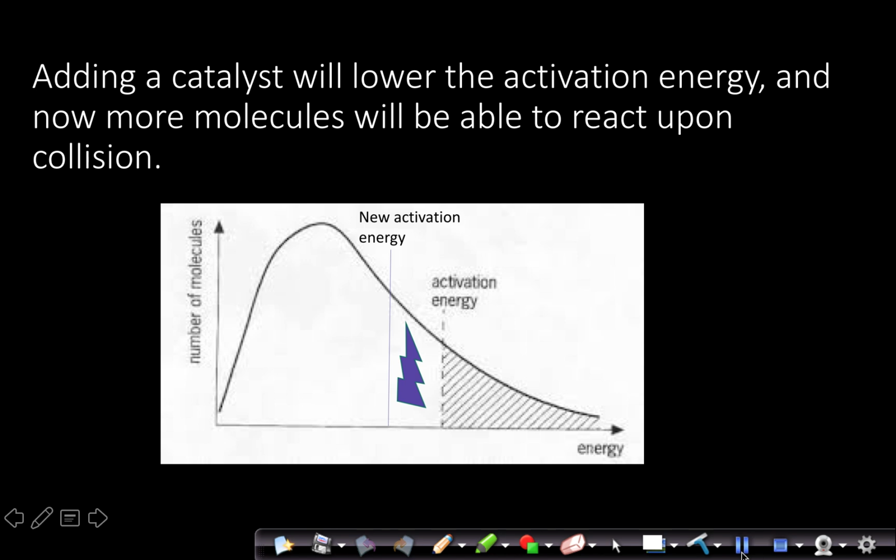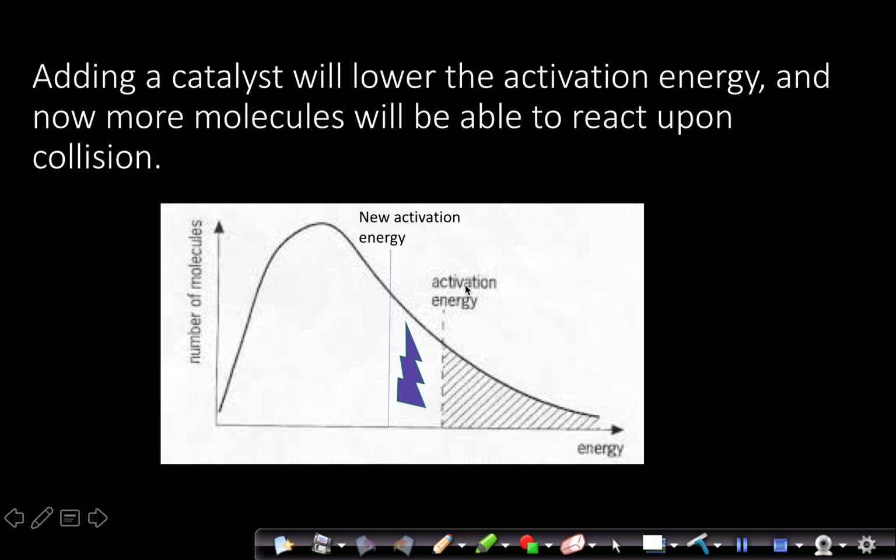We said that this was like lowering the standards. So if this is how high your grades need to be to qualify for something, in order to get more people to qualify, we can lower the standards. We can make it so that the standards require a lower grade, now including more students to be accepted into whatever program they were trying to get into.